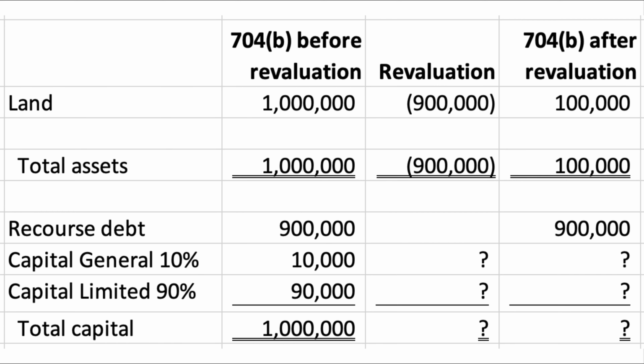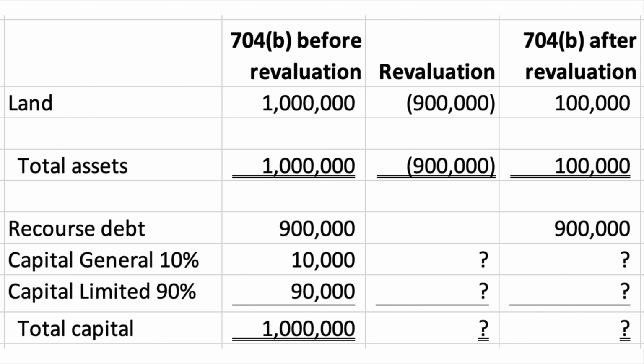What happens to the loss if the general partner also refuses to agree to restore a negative economic capital account? Or more likely, this is an LLC, and no LLC member agrees to restore a negative economic capital account. Who gets the losses?